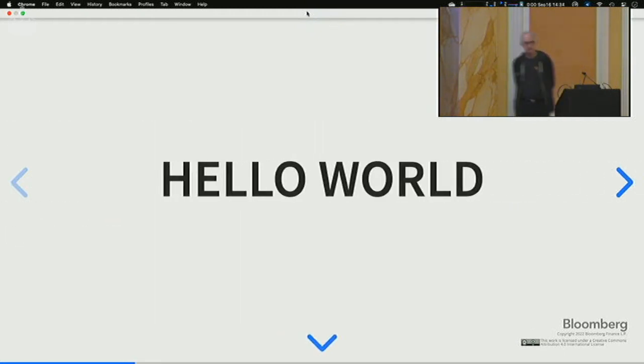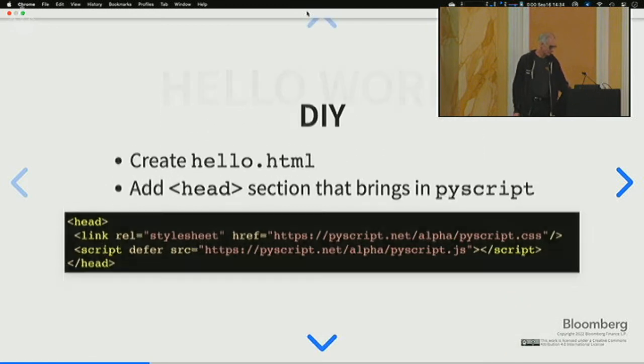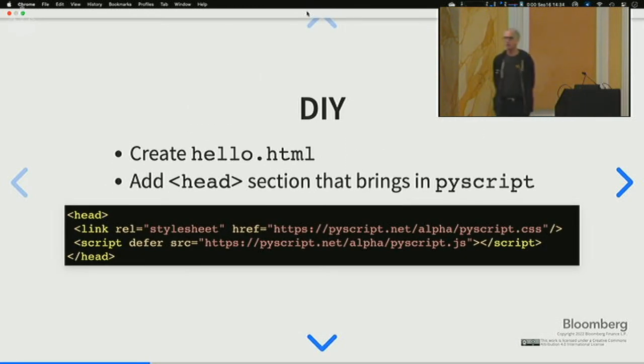So whenever you're learning something new, where do you start? You always start with a hello world. So let's do a DIY, a do-it-yourself. We're going to create a little HTML page, hello.html. This is going to be an HTML file that we're just going to load into our browser.